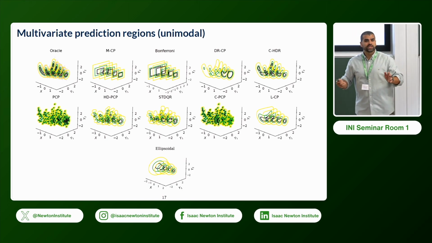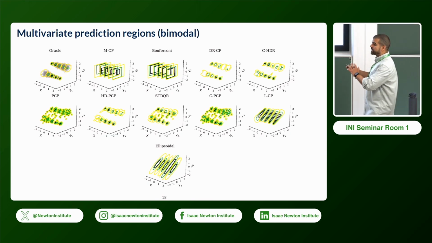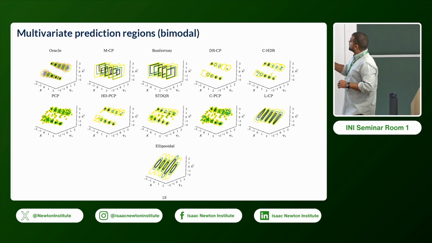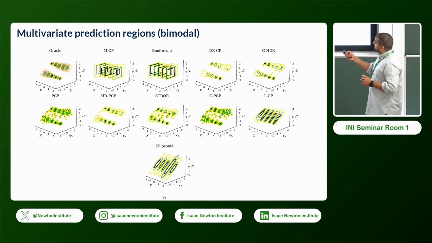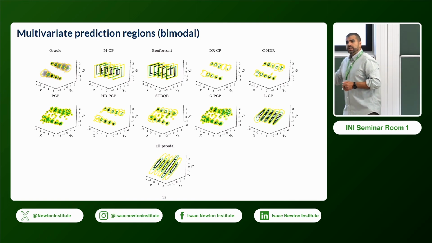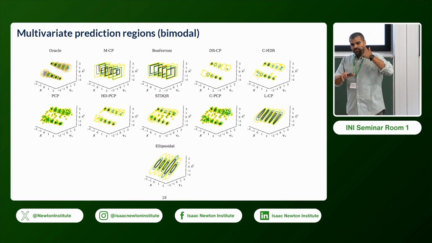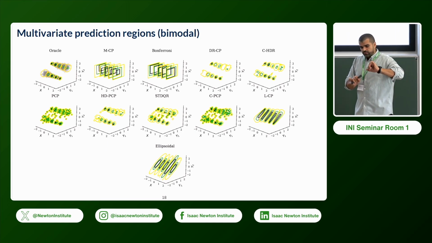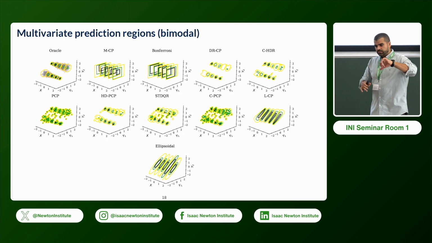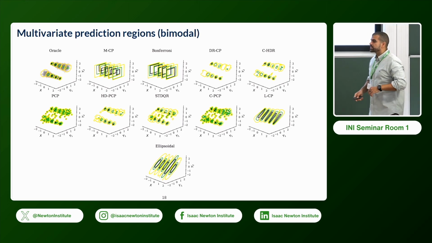Now, what about bimodality? Here is an example where you have bimodality. This one, you cannot capture bimodality here. Actually, if you have a union of intervals for each dimension, then you have a more complex region in that case.